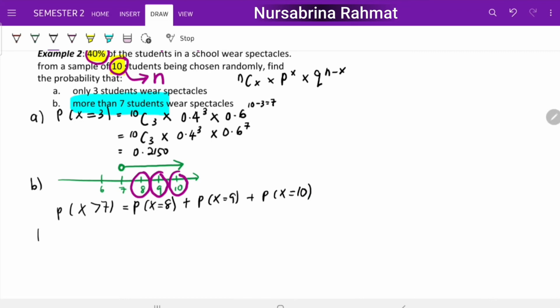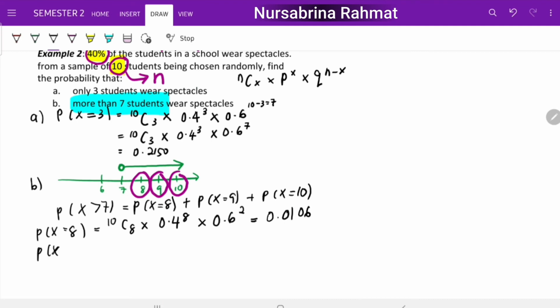Okay, so when P(X = 8), it's 10C8 multiplied with 0.4 to the power of 8 multiplied with 0.6 to the power of 2. Okay, so you should get this answer to be 0.0106.